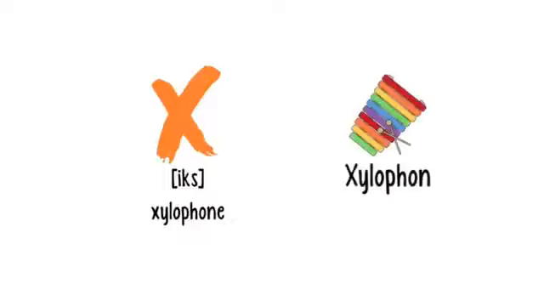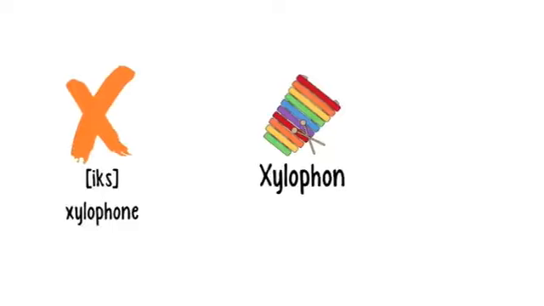The next letter is X, which is pronounced like the X in the word xylophone. The German translation for xylophone is very similar. In German we say Xylophon. The next letter is Y, which sounds like yoga.